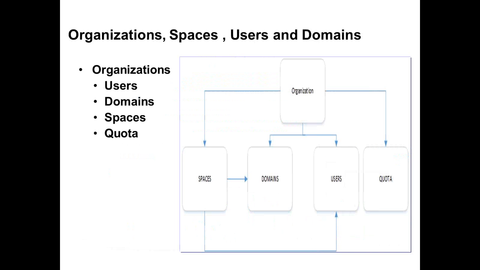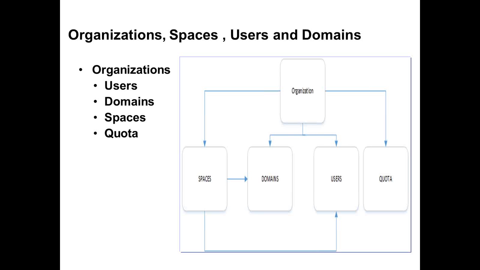Okay, now I'll take you into a little bit of technical details. There are organizations which can be, say, your firm, and many people will be part of that. And there will be users, which will be individual users like you, me, or whatever developers or testers. There will be domains, which can be your company's registered domain, like say techgig.com or subdomains.